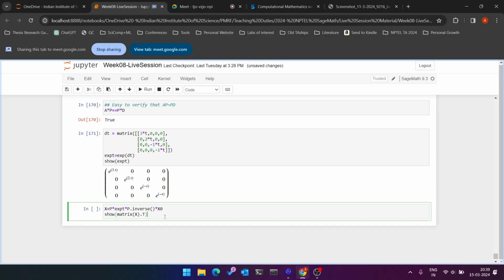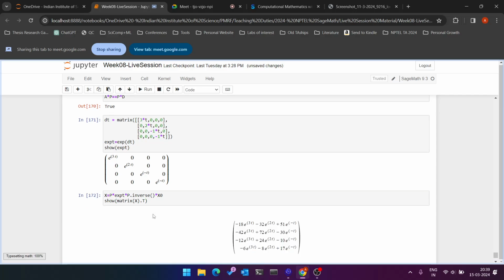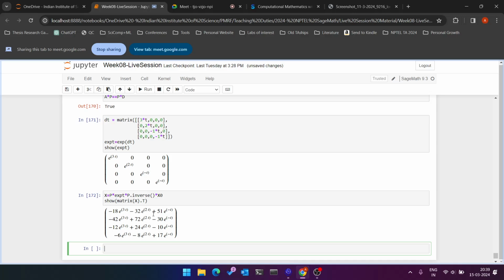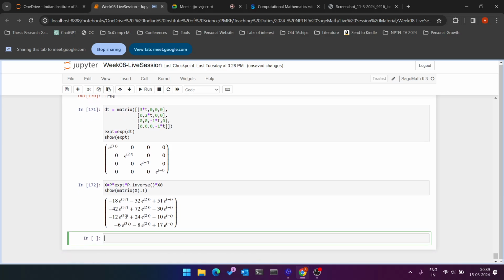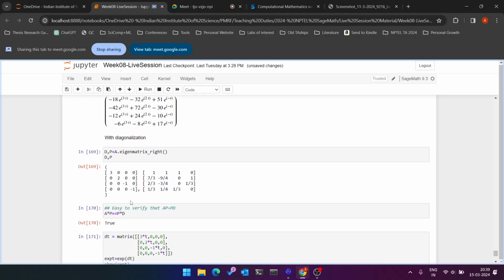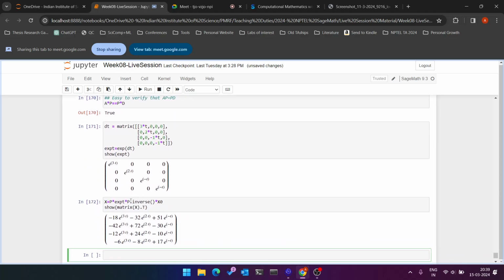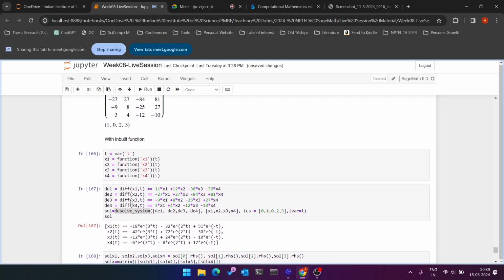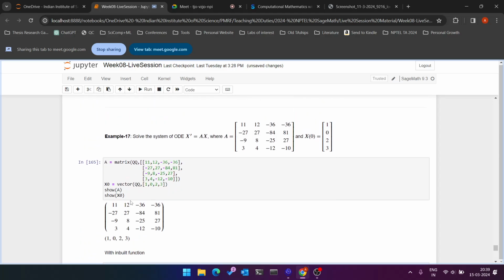So if I just run this to calculate capital X and then show it in matrix form and take the transpose, that will give me a column vector. So this is how my solution looks. Okay, so both approaches lead to the same solution, whether it's diagonalization or the system solver, and that basically solves this equation.